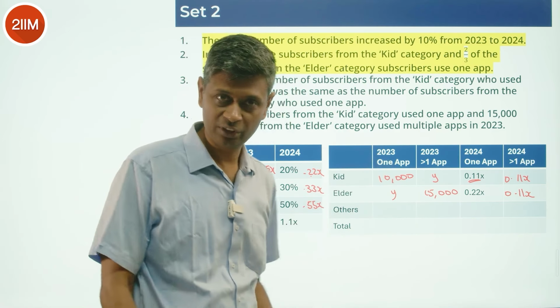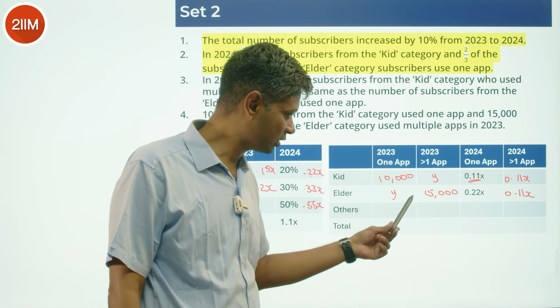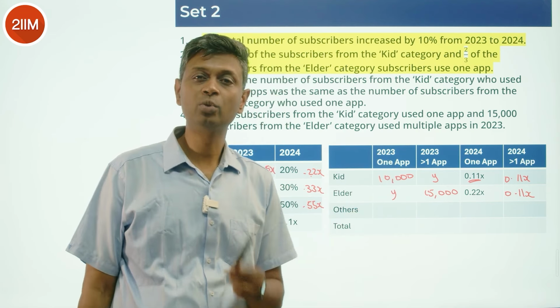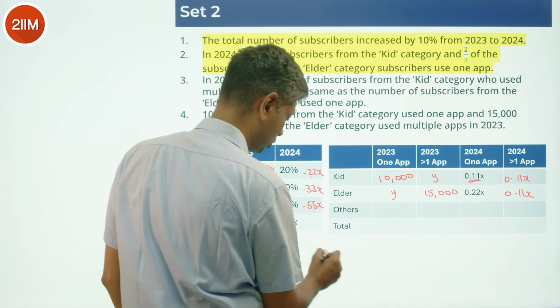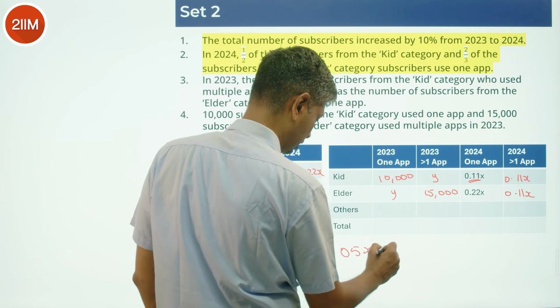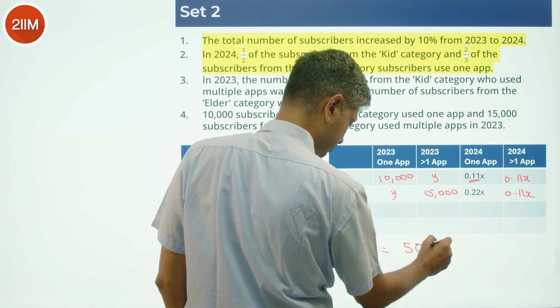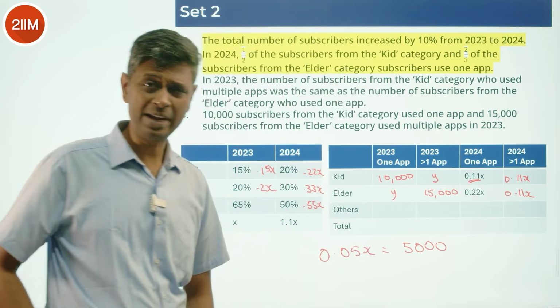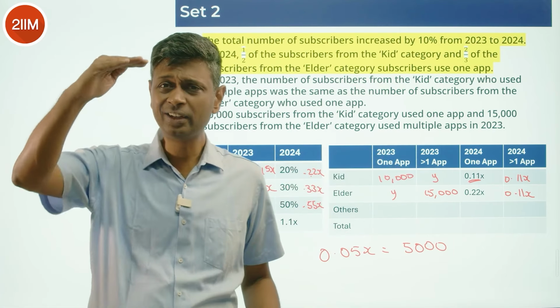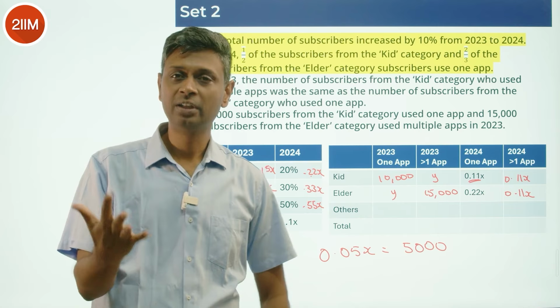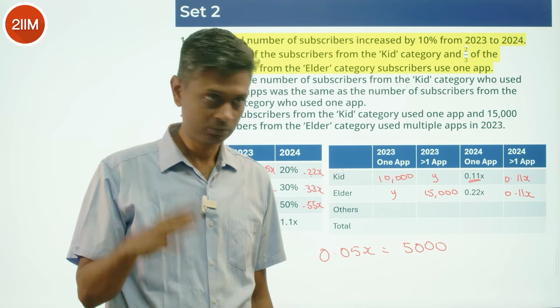The difference between these two, this is 0.15X, this is 0.2X. Difference between these two is 0.05X, and 0.05X equals 5,000. I don't have to have a complicated equation, these two are equal. From here to here, kid to elder in 2023, 5,000 people more.